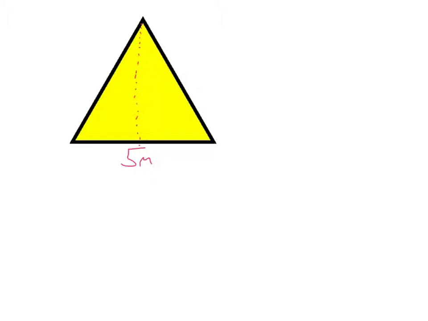If the height here is 4 meters, then we're going to find the area of this triangle by multiplying 5 by 4. And that will give us an area of 20, oops, I forgot my units, meters square.